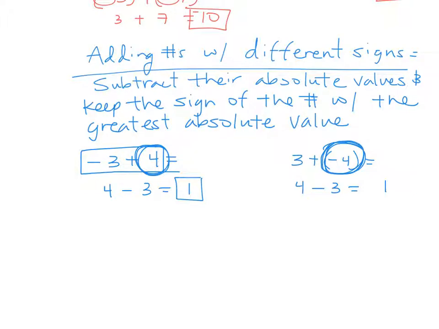So the negative stays with it, and your answer will be -1. So whatever the bigger absolute value is, that's the number you want to look at to figure out which sign gets attached to your answer. Does that make sense? Okay, so let's just do a few just to make sure we're good on these.